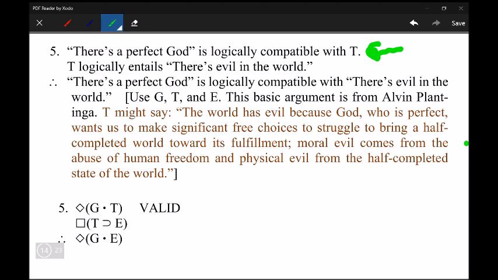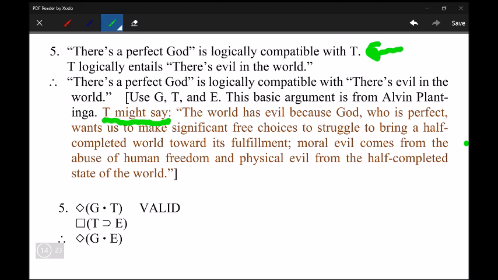So why is there evil in a world created by a perfect God? Well, theodicy T, let us say, says that the world has evil because God, who is perfect, wants us to make significant free choices to struggle to bring a half-completed world toward its fulfillment. Moral evil comes from the abuse of human freedom, and physical evil from this half-completed state of the world.